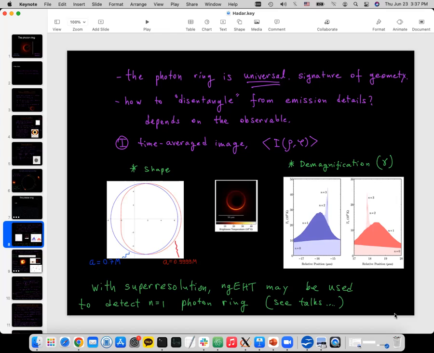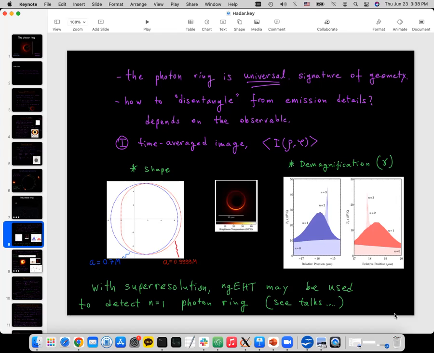The first way to go is to look at the time averaged image. The brackets denote the average in time of the image intensity as a function of screen coordinates rho and phi, which are polar coordinates on our screen.